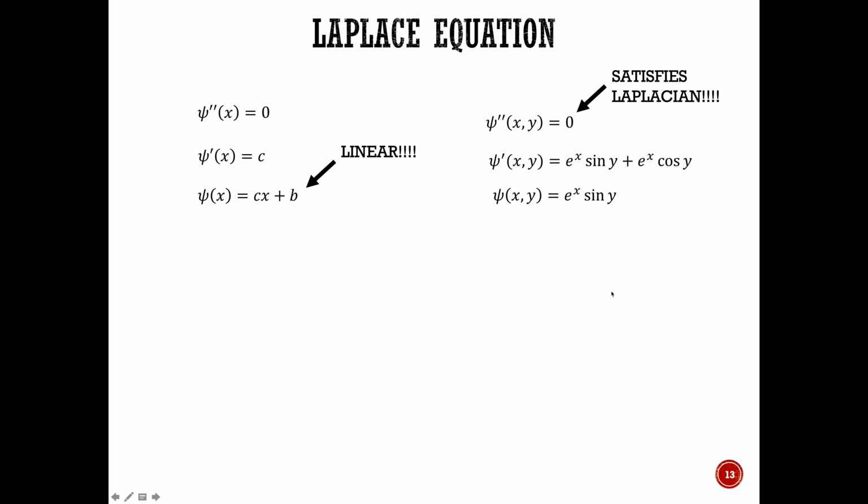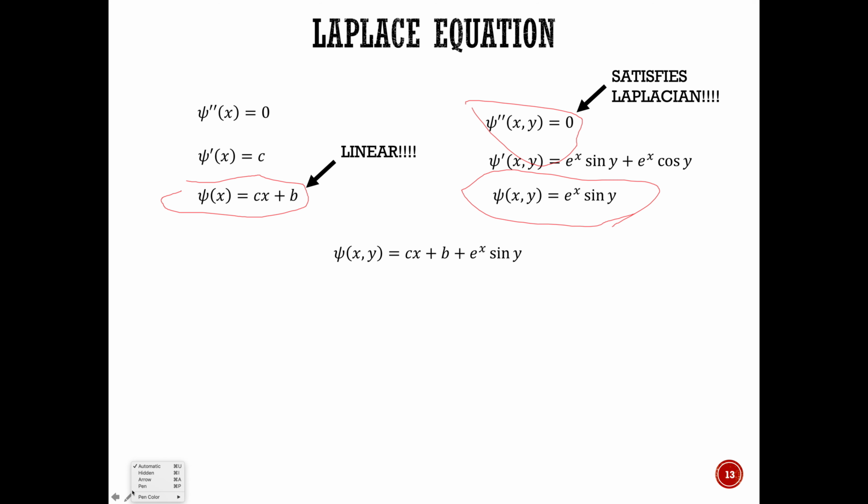Let's watch what happens. You have these two solutions. We know that this function right here is a solution of Laplace equation because the second order derivative is 0, and this function is also a solution of Laplace equation, again because the second order derivative is 0. Now I'm going to simply add them up, and I'm going to see if this addition is a solution of Laplace equation.